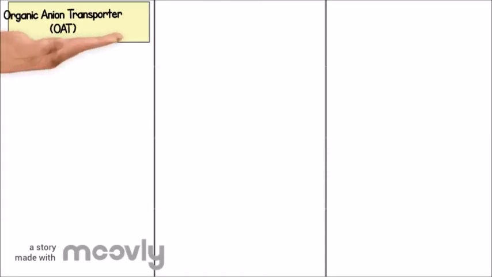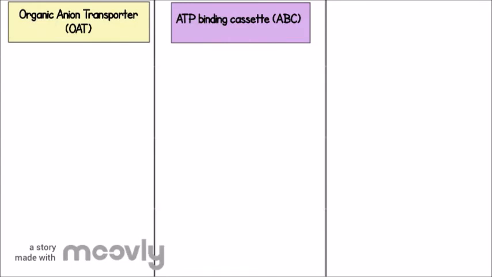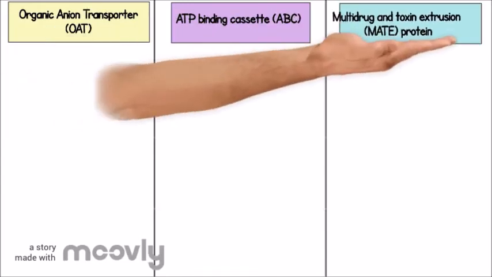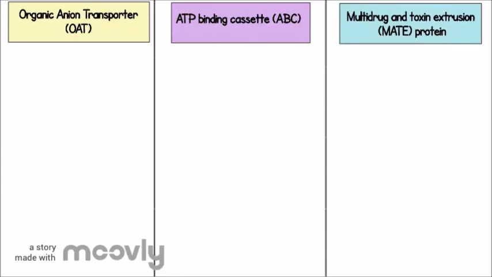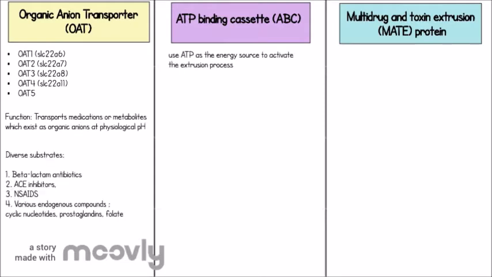Drug transporter proteins consist of organic anion transporter OAT, ATP binding cassette ABC, and multi-drug and toxin extrusion MATE. Details about all these transporter proteins are listed as below.